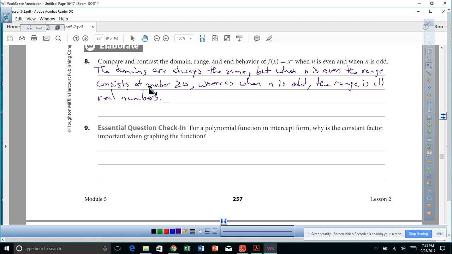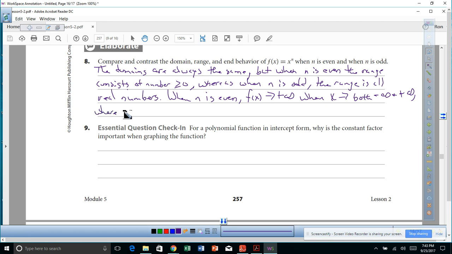When n is even, f of x approaches positive infinity as x approaches both negative infinity and positive infinity.